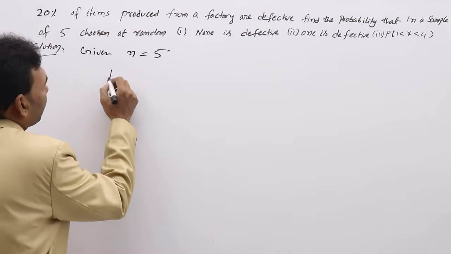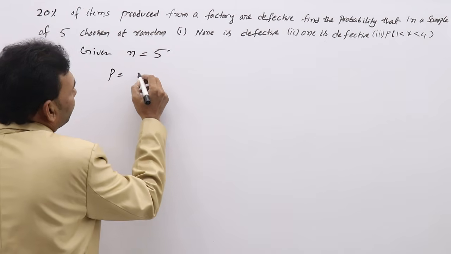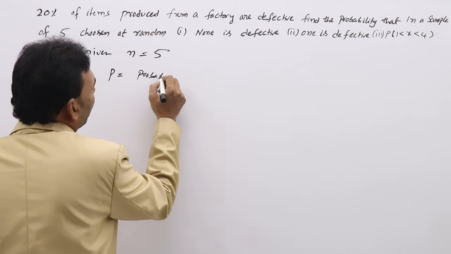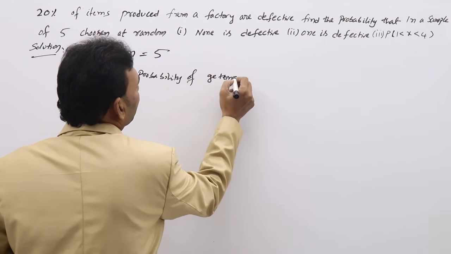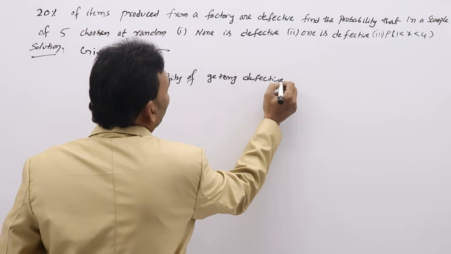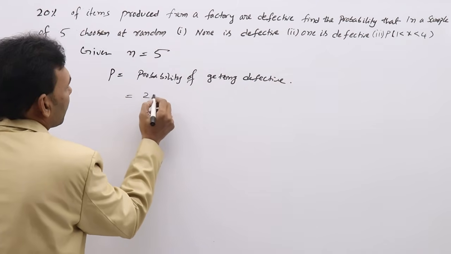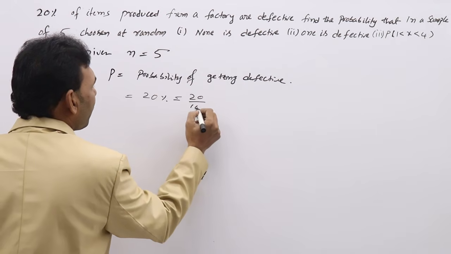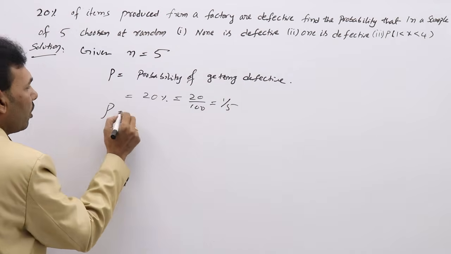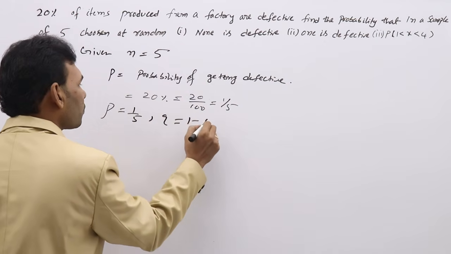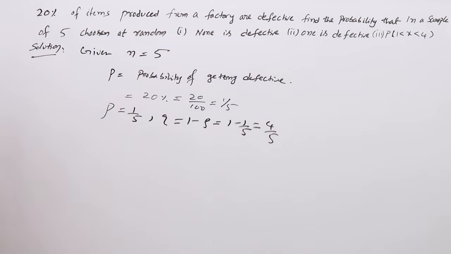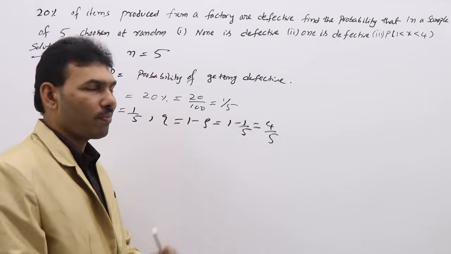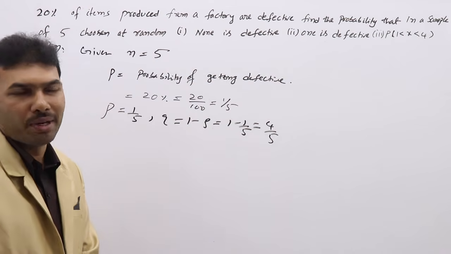And p is given, probability of getting defective. Defective item is 20%, which is 20 by 100, 1 by 5. Small p is 1 by 5, q is 1 minus p, 1 minus 1 by 5, 4 by 5. So we know n, p and q. q is 1 minus p. p plus q is 1 in binomial distribution.